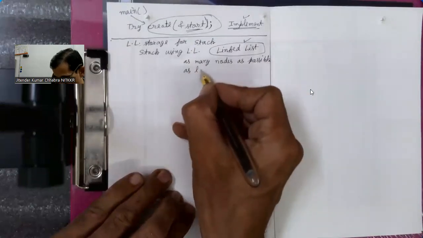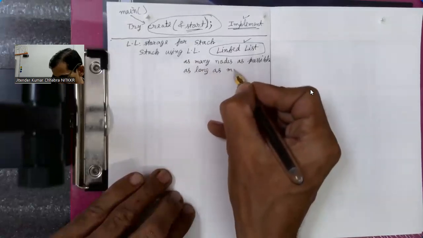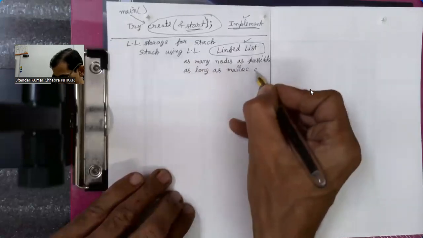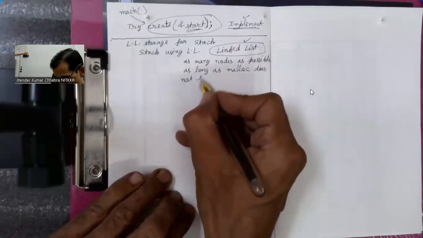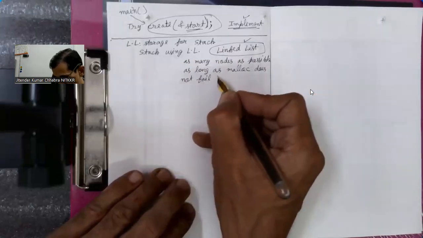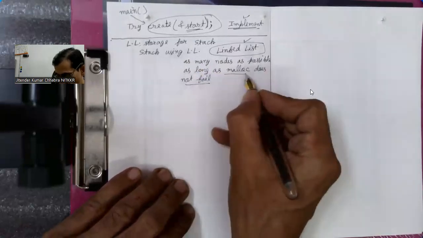So as long as your malloc doesn't fail, you can use this. If malloc fails, of course, after that insertion won't work, and push etc. will not work, or a node cannot be created.